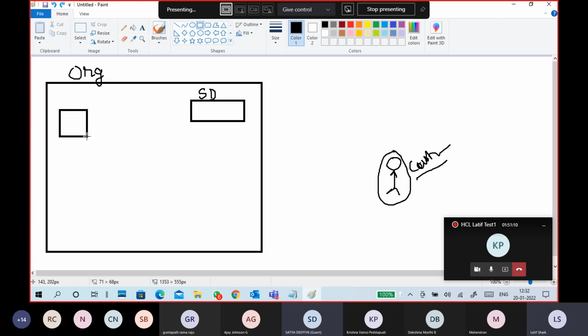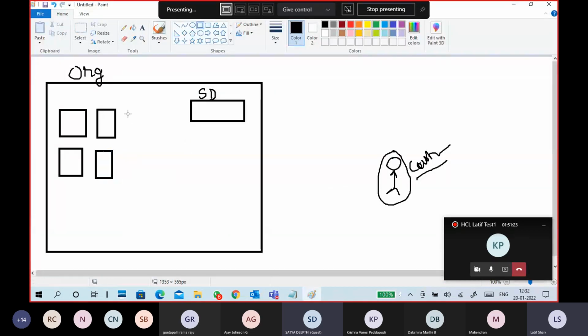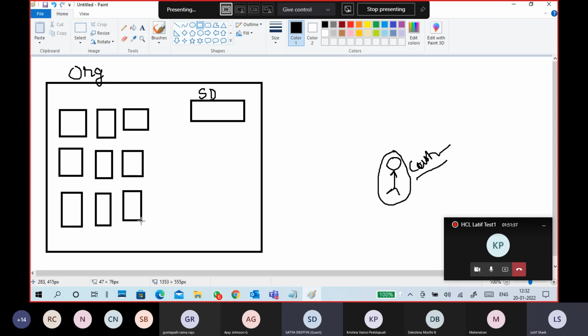In my organization, I have desktops, laptops, networking devices, and different services. For example, this is my Outlook, where I communicate by mail with my organization's people. And Microsoft Teams I am also using. Like this, in my organization, I have routers, switches, servers, like that.